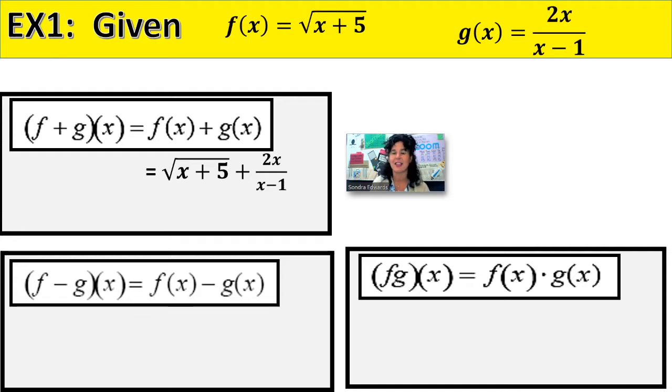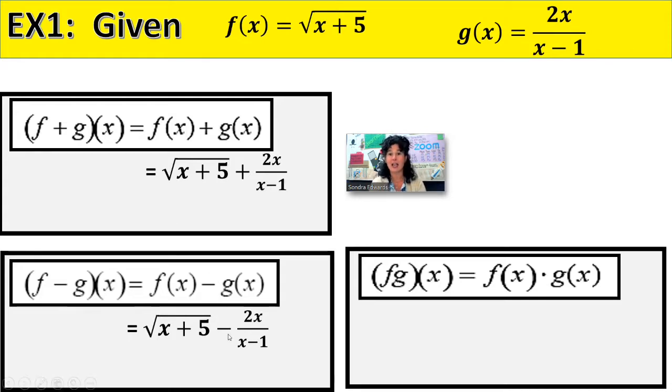If I'm going to add the functions together, I'm just going to put them side by side with a plus in between. If you really wanted to, you could find a common denominator by multiplying the numerator and denominator of root x plus 5 by x minus 1 over x minus 1. But I don't think that really makes it much more simplified in that case, so I'm going to leave it alone. If I want to subtract them, I'm going to do the same thing. I'm just going to put them side by side with a minus.